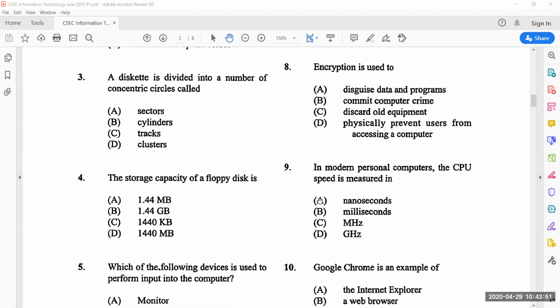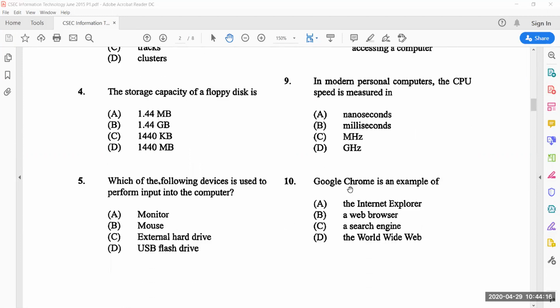Number 8, encryption is used to disguise data and programs, commit computer crime, discard old equipment, physically prevent user. So based on these options, the most appropriate one will be disguise data and programs. E. That is correct.